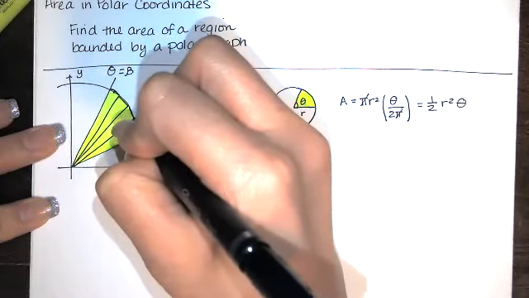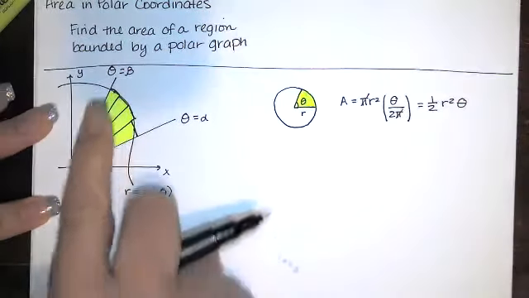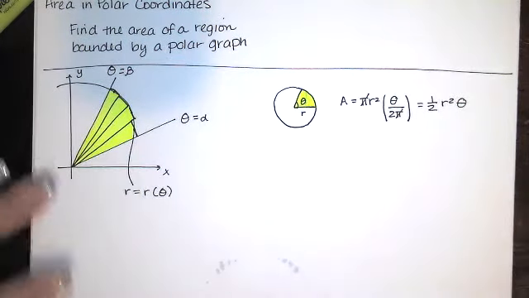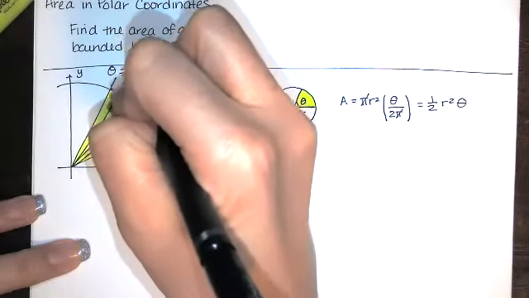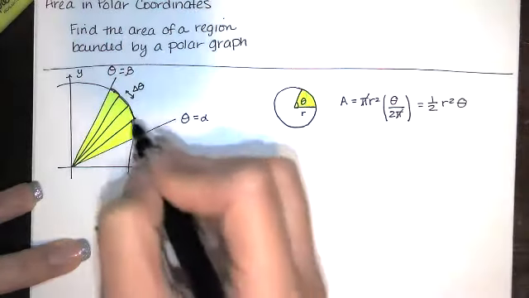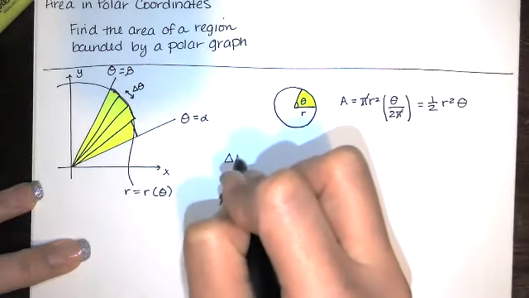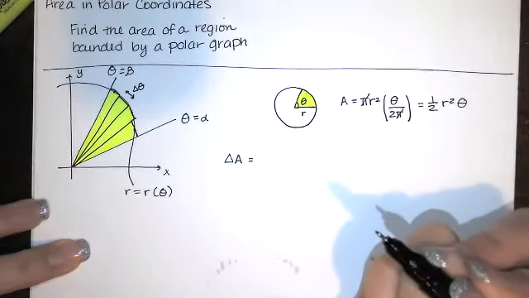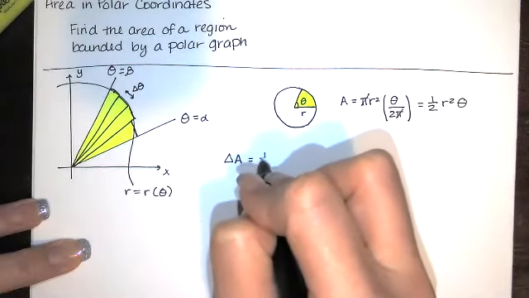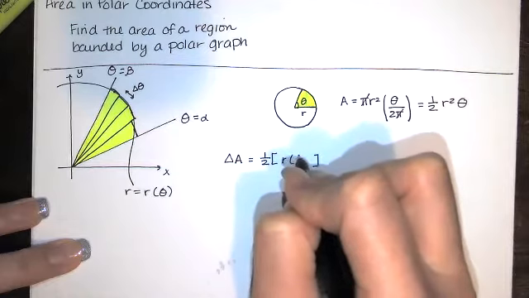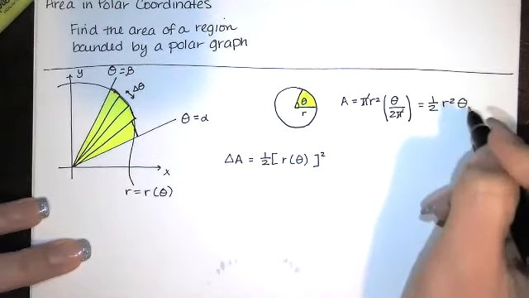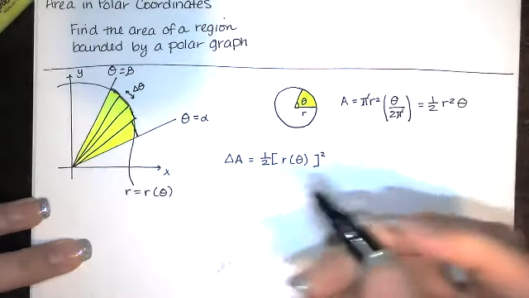You pick a point, and then you evaluate. And then you find the area of each of those little pieces, and you add them together. Well, if this angle is delta theta, then the area of one of those pieces, we could call it delta A, is 1/2 of that r of theta quantity squared times that angle, which is delta theta.